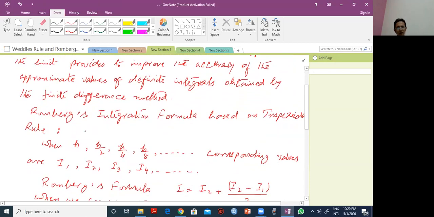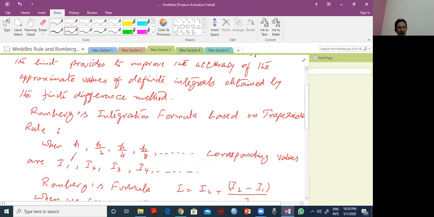So when we talk about Romberg's integration formula based on the trapezoidal rule, we consider h as the size of the interval: h, h upon 2, h upon 4, h upon 8, and the corresponding definite integral values are I1, I2, I3, I4.